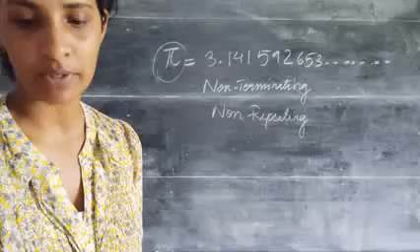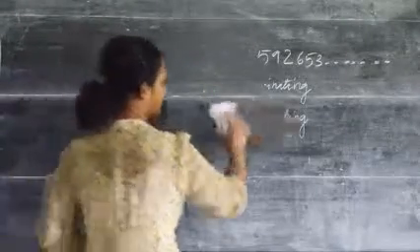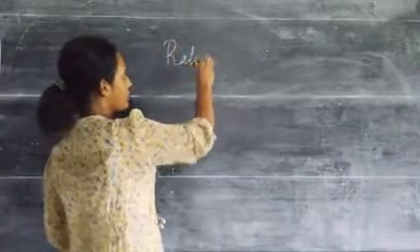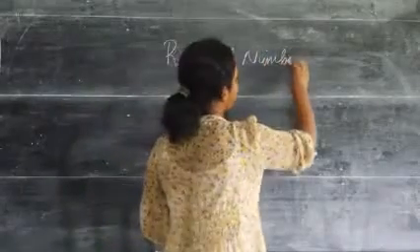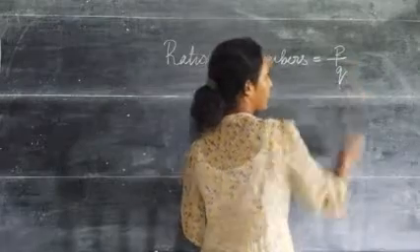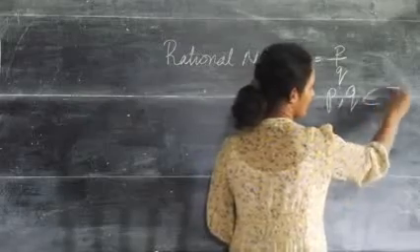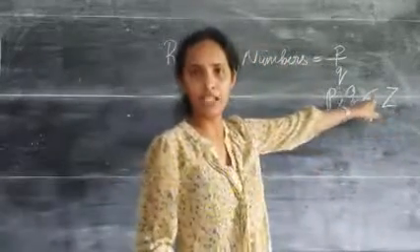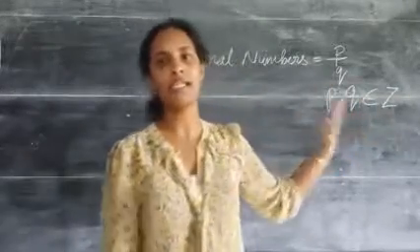So pi is an irrational number. Remember that, okay? Now, based on all of these that we have studied, we have already known that rational numbers are all those numbers that we can write in the form of p by q, where p and q are elements of Z. What does elements of Z mean? p and q are elements of the set of integers, right?